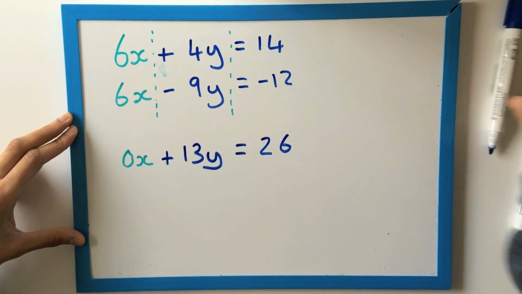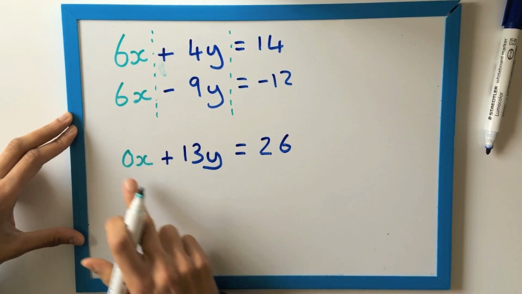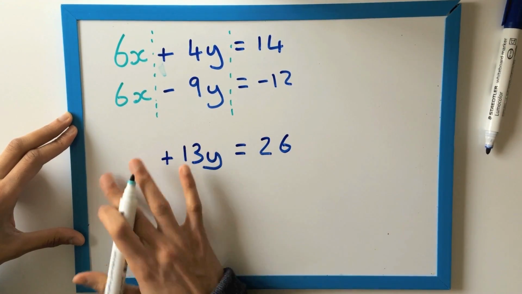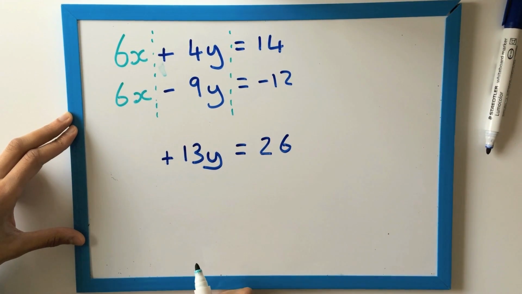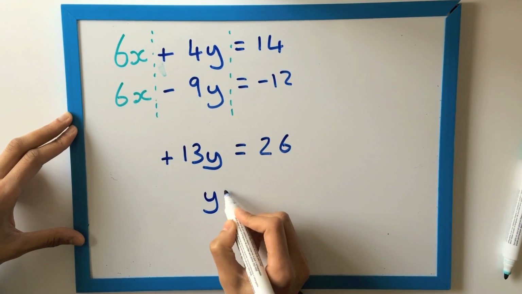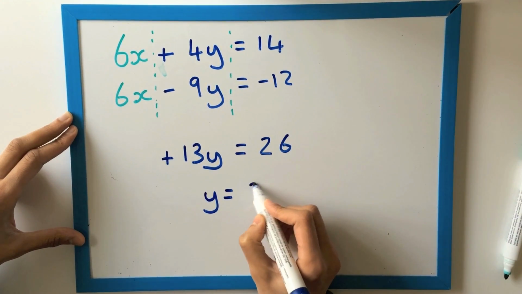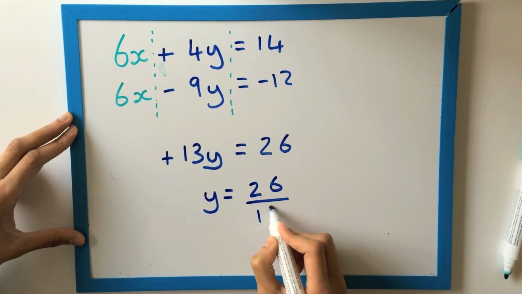So we can see that we can just take away the 0x term and we are just left with 13y equals to 26. We can use basic algebra to solve for y. So dividing both sides by 13, we get 26 divided by 13.